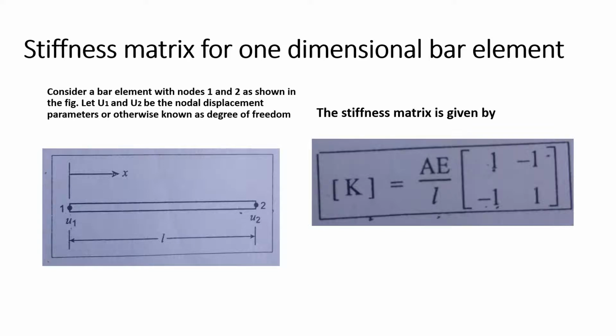Then the stiffness matrix for this kind of one-dimensional bar element is given by K is equal to AE by L into a square matrix. Inside that, 1, minus 1, minus 1, 1. So this is the stiffness matrix for one-dimensional bar element.